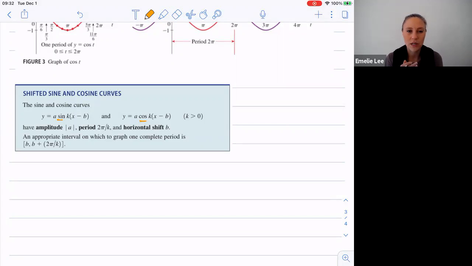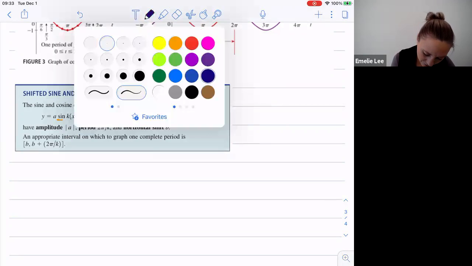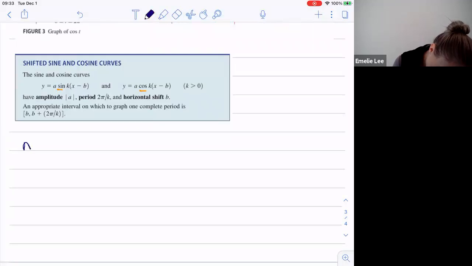It's just the function that you're starting with that depends on what's in there. So A gives us the amplitude. In fact, the amplitude is the absolute value of A. So even if it's negative, you just take the absolute value, essentially dropping the negative.